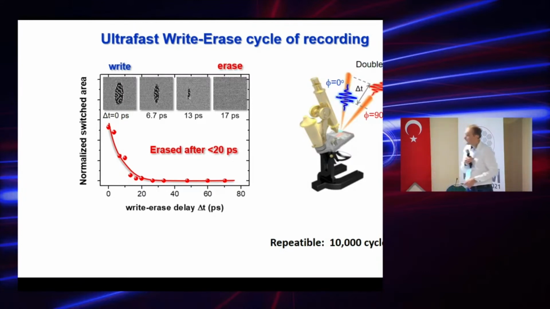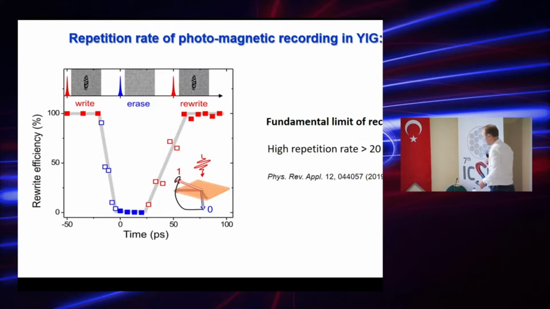This result is direct evidence, demonstrating the erasing process with practically exactly the same time as switching. So this confirms non-thermal magnetization switching with the same time for the switching and erasing.